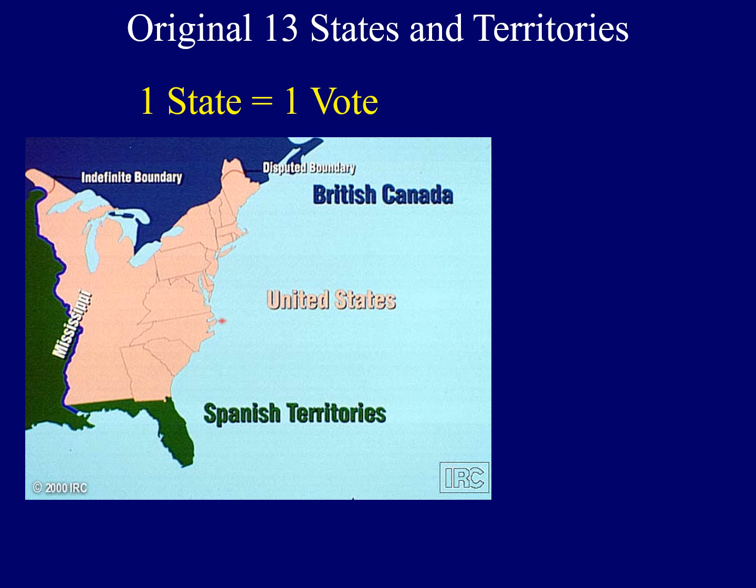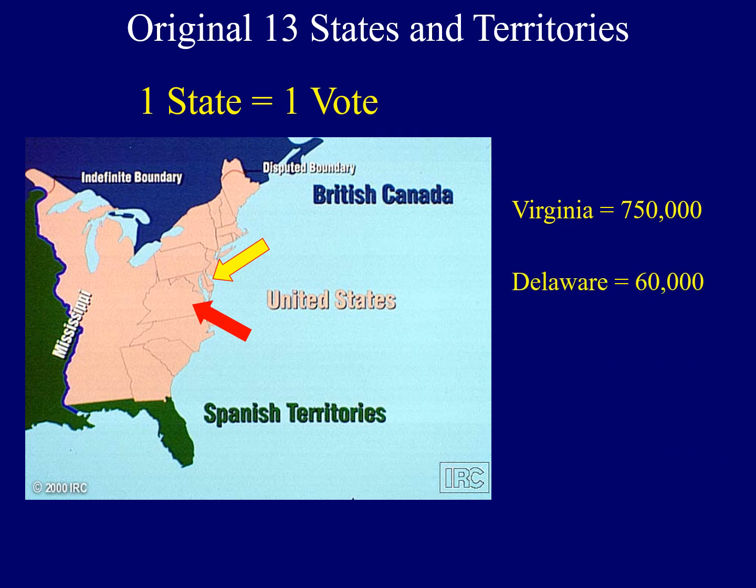One state had one vote. So this meant that a large state like Virginia, with a population of about 750,000 people, had as much political power and clout, so to speak, as a state like Delaware, with only 60,000 people. Was this going to be a nation based upon the power of the people or the power of individual states?